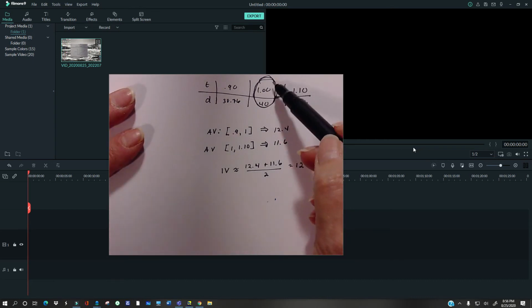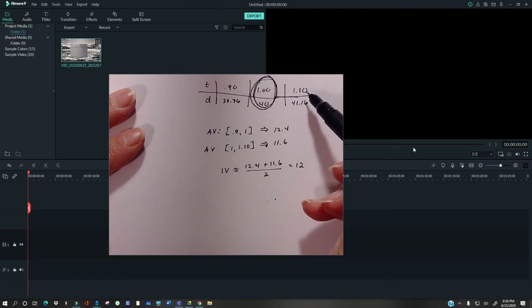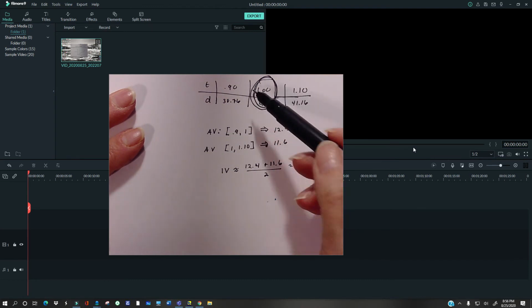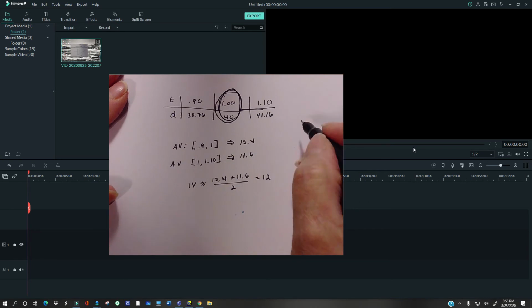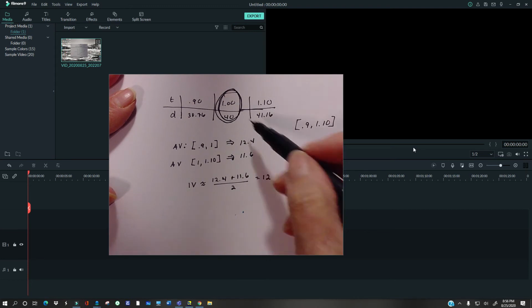Since this point in question, 1, is right in the middle of 1.10 and 0.9, what if I did this interval? This sits right in the middle.